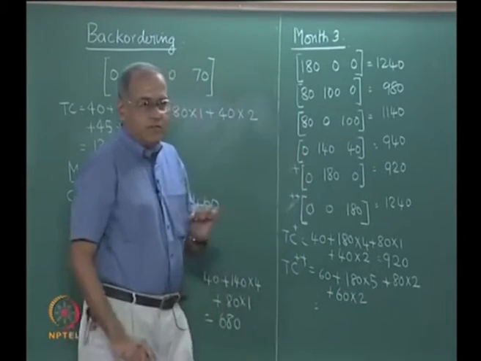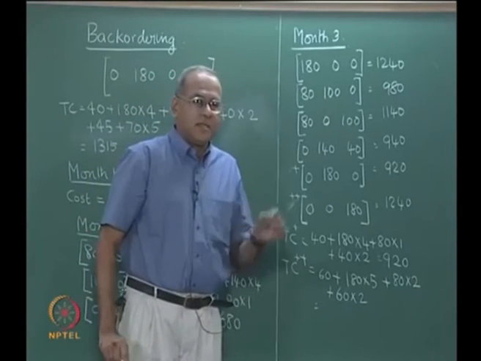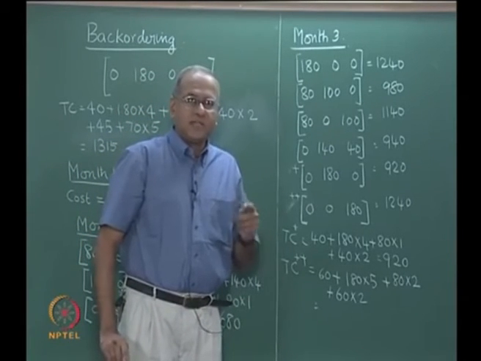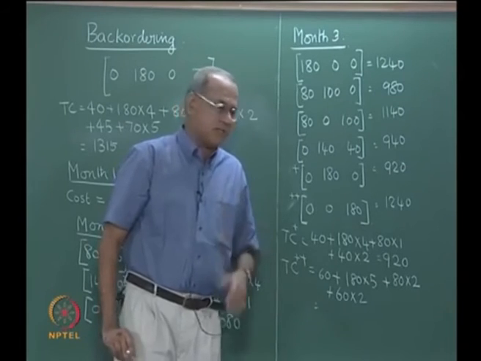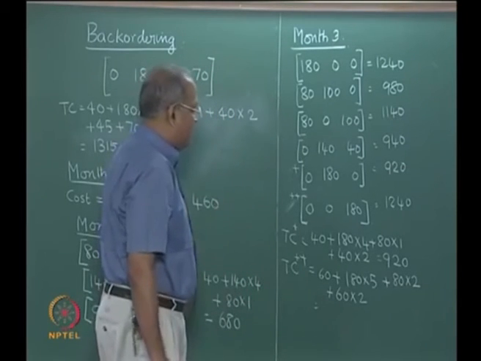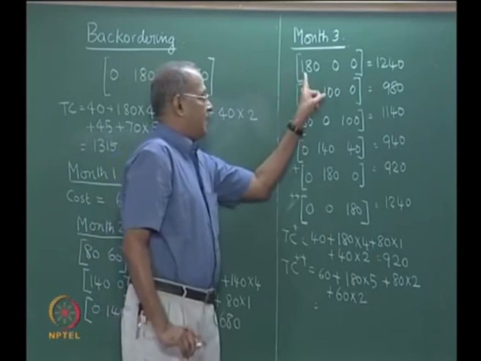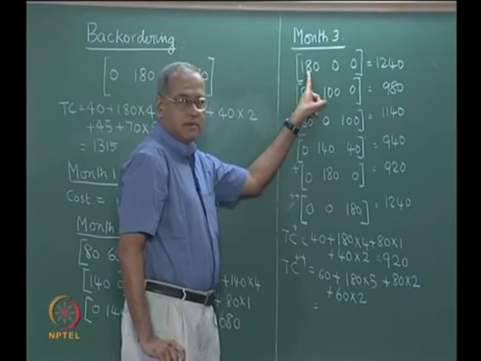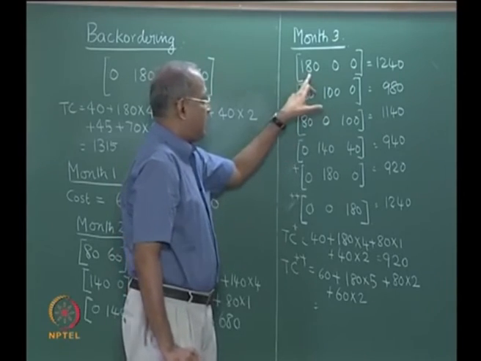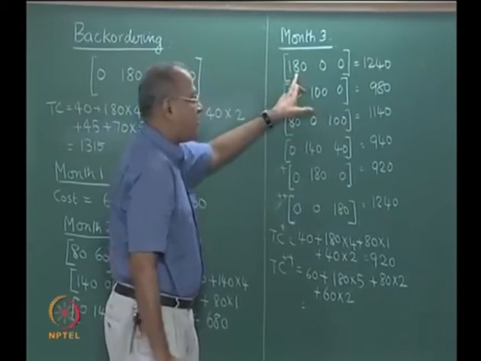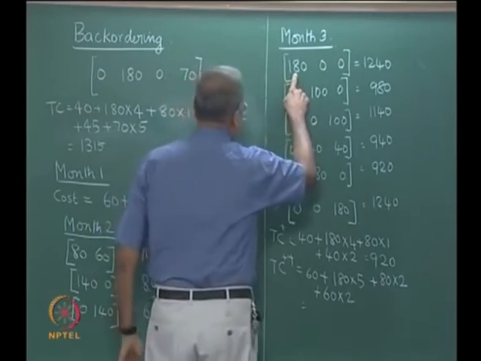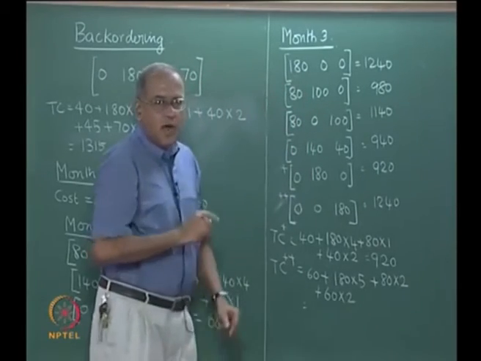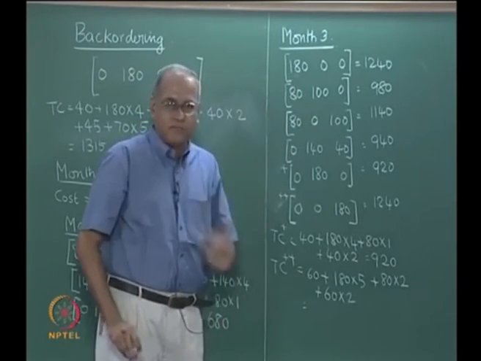We should note the difference in the way we compute the inventory cost as well as the way we compute back order cost. In this particular example, when we did this 180 0 0, if I were to calculate the total cost here, now out of this 180 that is produced in the first month, 80 is consumed, so 100 is carried at the end of the first month.